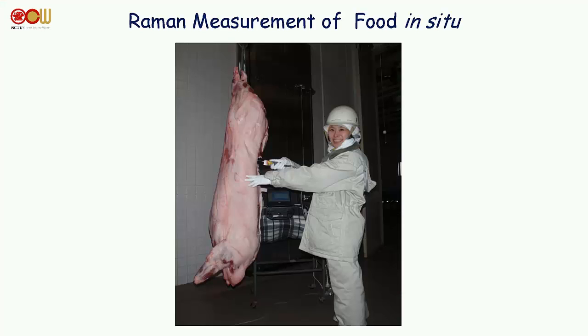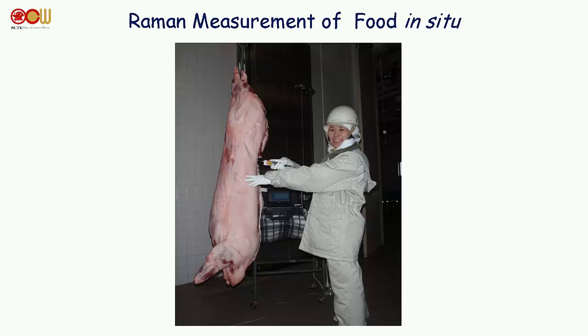And finally, this is one of my former students working in her place using Raman. This is Raman probe, and measuring the meat. And she found that Raman can be used to make distinction between pork and beef.